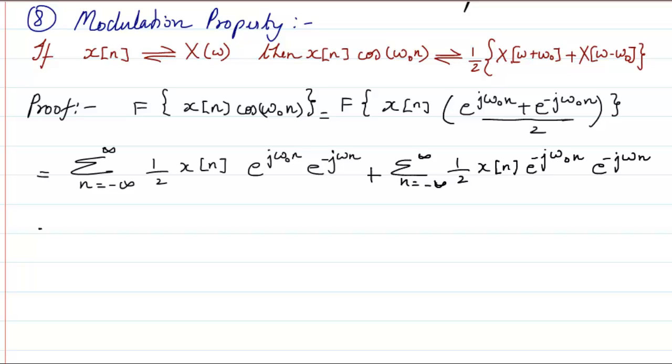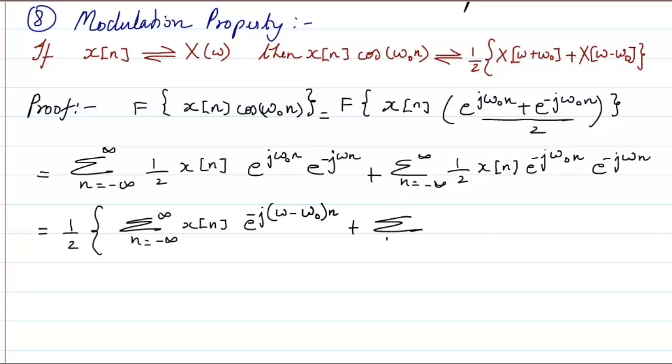Which I can write as 1 by 2 taken commonly outside, and the remaining is summation n equals minus infinity to infinity x of n and then e raised to power minus j omega minus omega naught n, plus the second summation, summation n equals minus infinity to infinity x of n e raised to power minus j omega plus omega naught n.